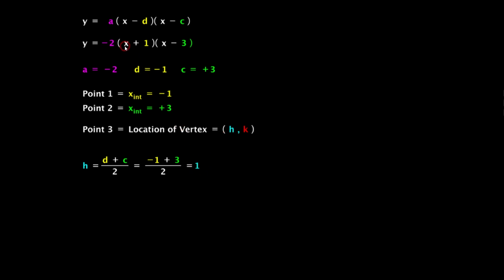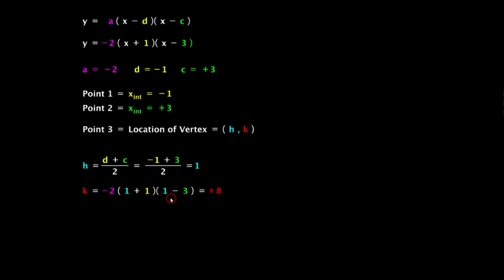We use this piece of information this time. a is -2, so we need the full equation. k is -2 times, instead of x plus 1, the 1 value plus 1. Instead of x minus 3, the x value minus 3. We're looking for the y value. And the y value is, this is 2, 2, and that is -2.